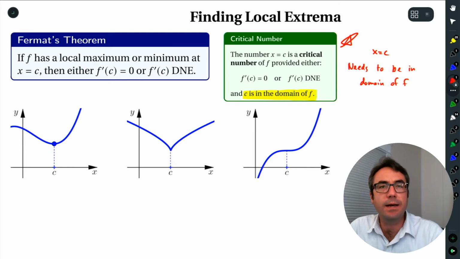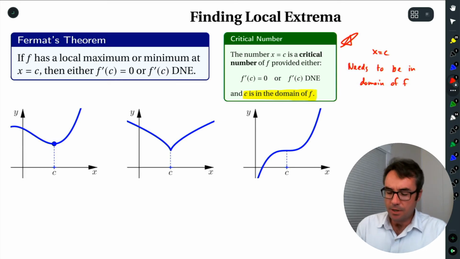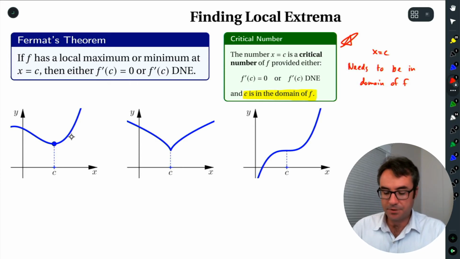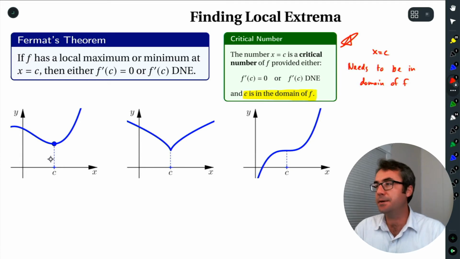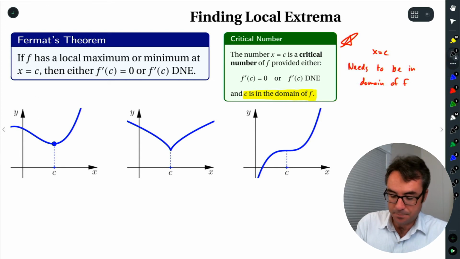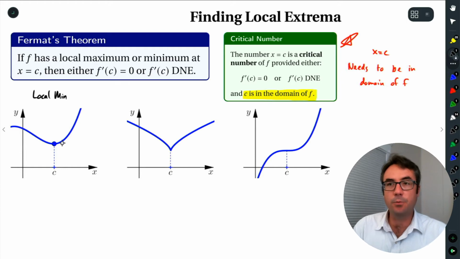Let's see some examples of Fermat's theorem. We have this first graph, and what we're seeing at x equals c is a local minimum. If we look at this graph, this is a low point right in here.